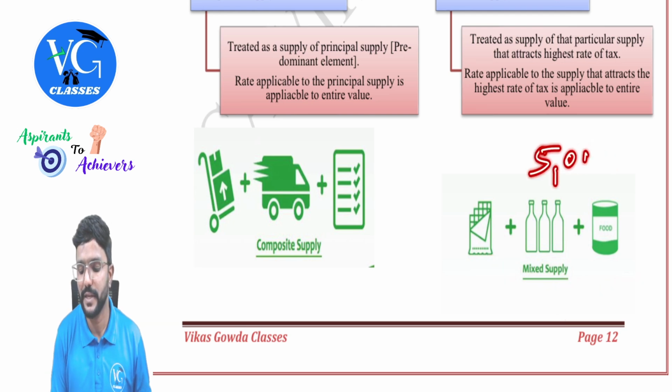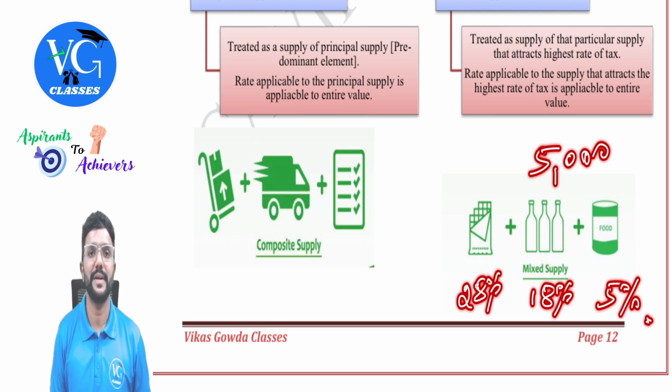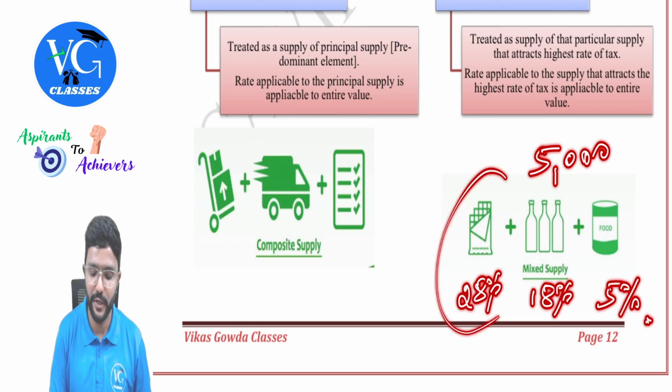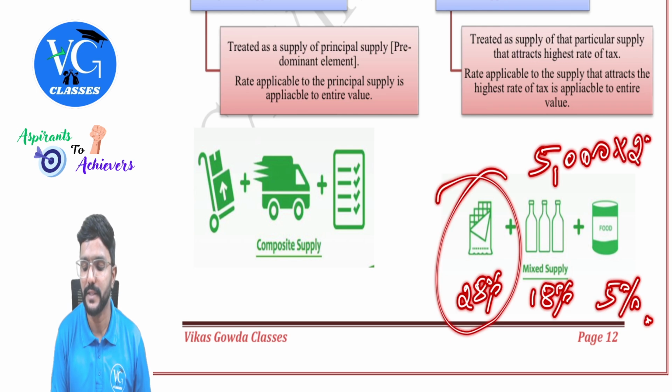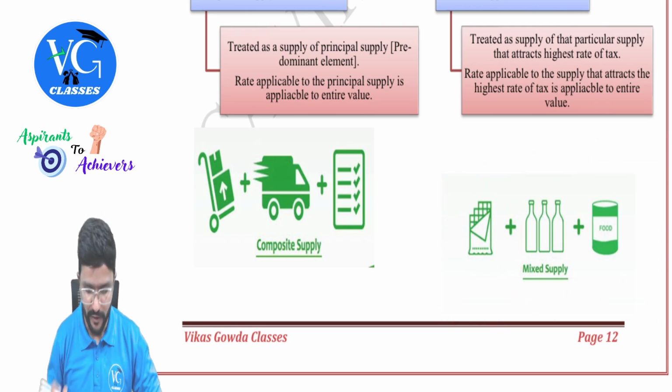The actual selling price is 5,000. What is the highest rate? As it is a mixed supply, we need to take the highest rate and apply it on the sale value. 28%, guys. Highest rate. Mixed supply. Got it? Yes. Fine, guys.